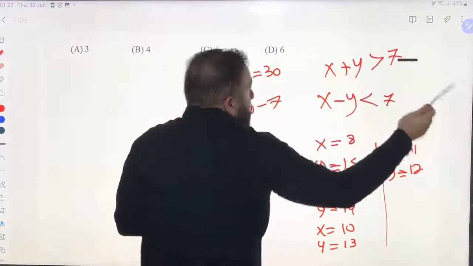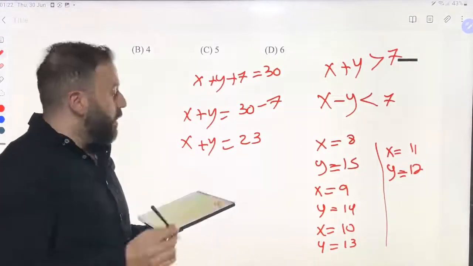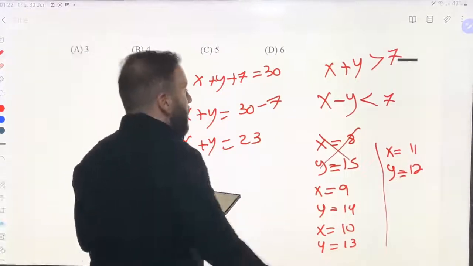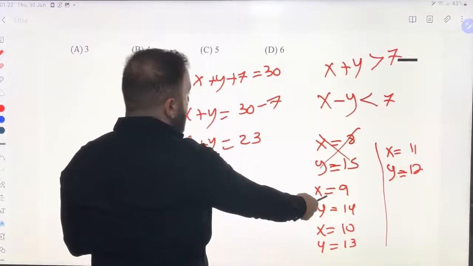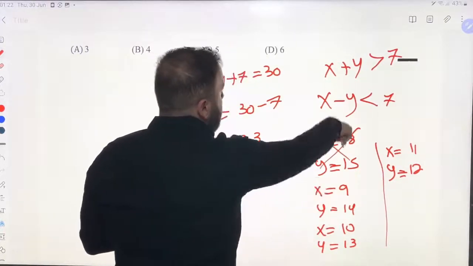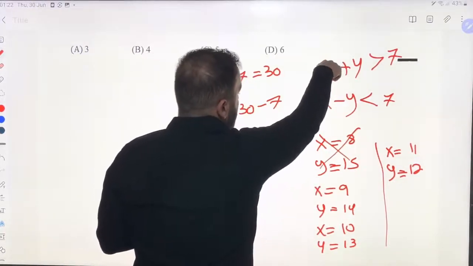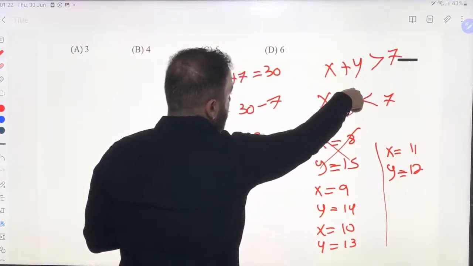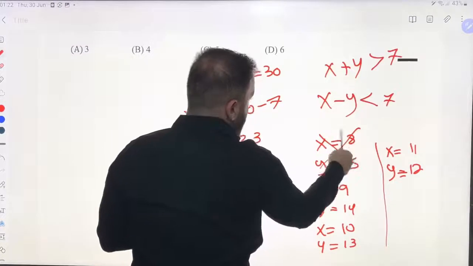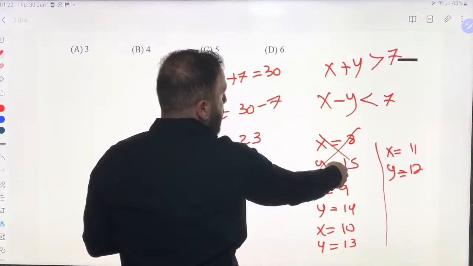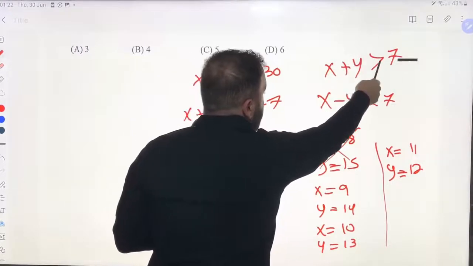Let's try x 8 plus 15. Is it greater than 7? Yes. Of course they are greater than 7.